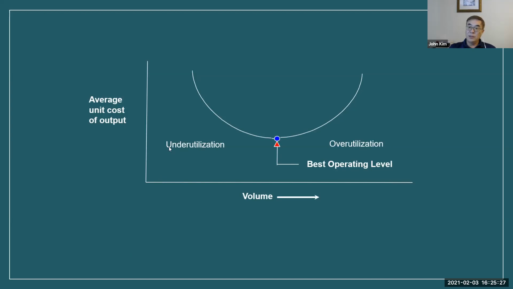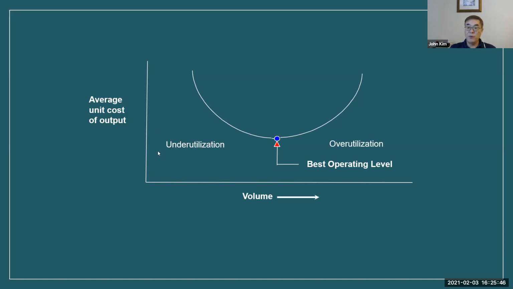If we have a facility, machine, or equipment, to get that capacity we need money. That is the fixed cost.